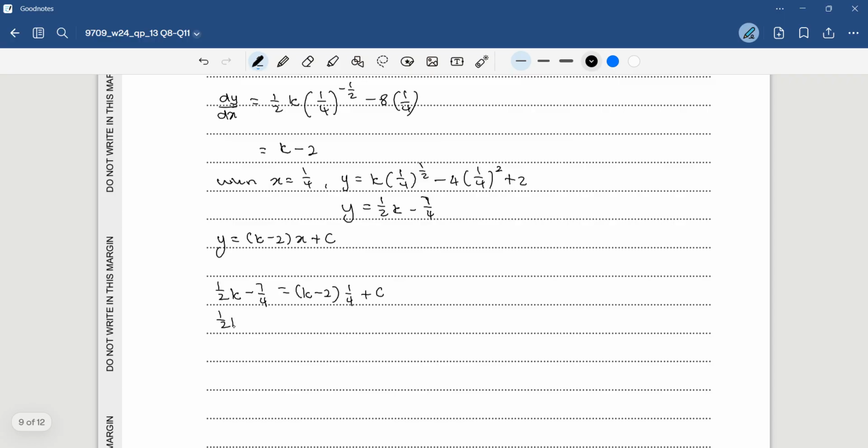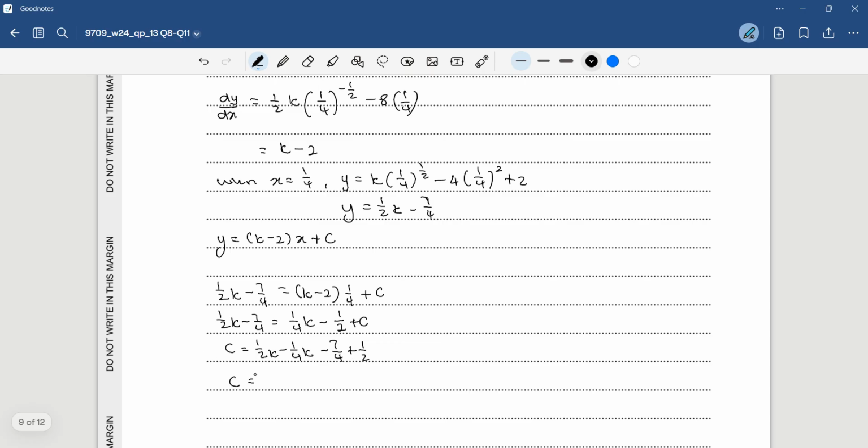So 1 over 2k minus 7 over 4 equal to 1 over 4k minus 1 over 2 plus c. Okay, so we rearrange. My c will be c equal to 1 over 2k minus 1 over 4k minus 7 over 4 plus 1 over 2.